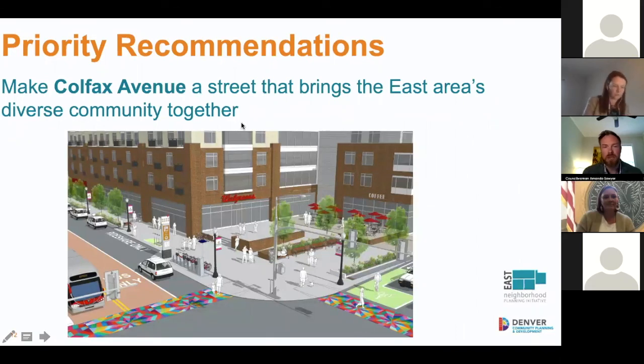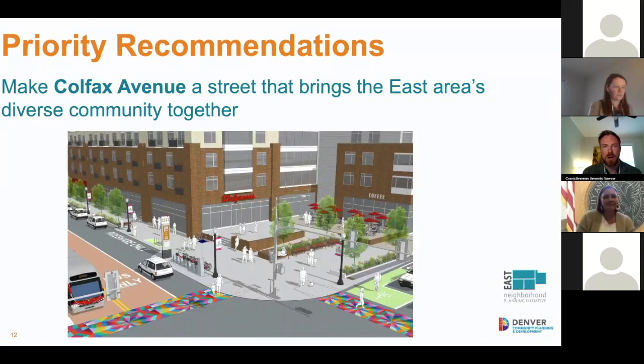Colfax Avenue has been a key point of emphasis. Colfax touches every neighborhood in the East area. It's long been seen as a street that has been difficult to navigate if you're a pedestrian.